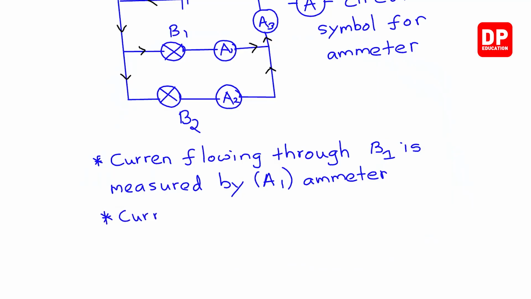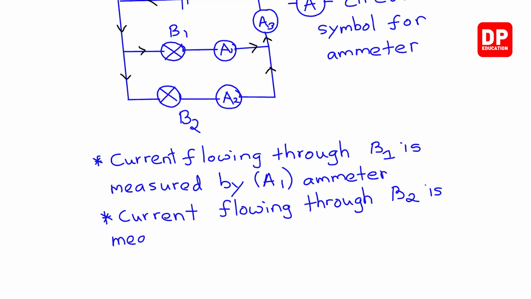Then current flowing through B2 is measured by A2 ammeter.